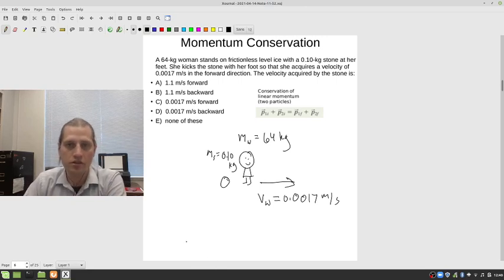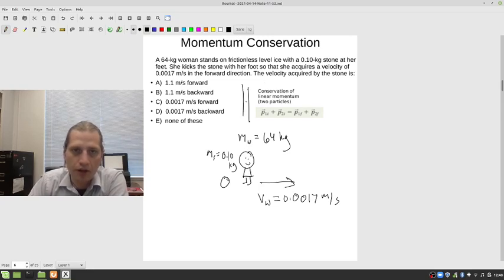The velocity of the stone is, okay, now take a look at this. This is a perfect problem for conservation of linear momentum because at the beginning, neither the woman nor the stone are moving. So the momentum of the woman is 0, the momentum of the stone is 0. So this is a big old 0 over here.